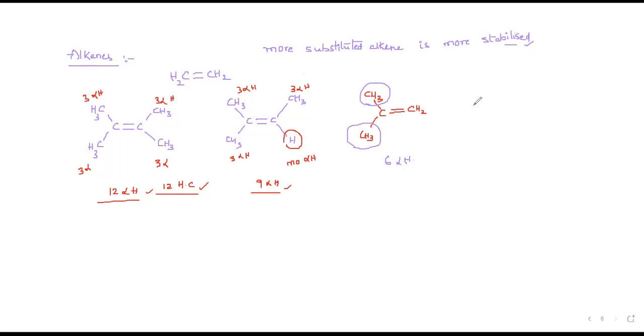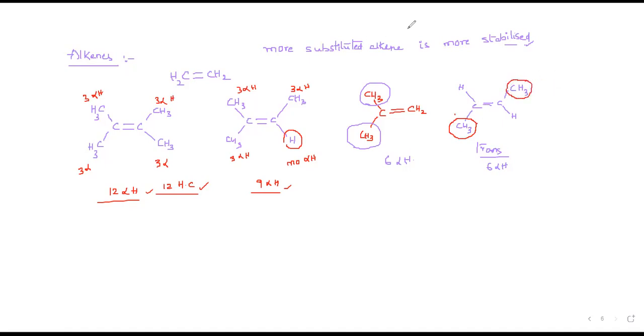Next is a carbon-carbon double bond with CH3 in a trans representation. The same number of hydrogens are there. Comparing to cis, trans is more stabilized. How 6 alpha hydrogens? Let's count here. This is an alpha carbon, 3 alpha hydrogens, 3 alpha hydrogens.